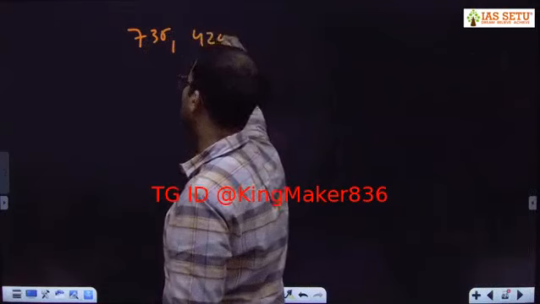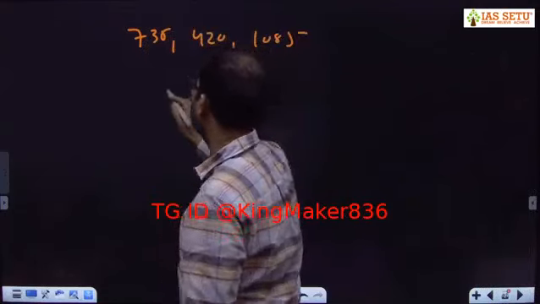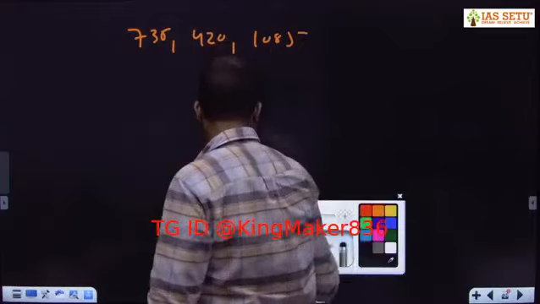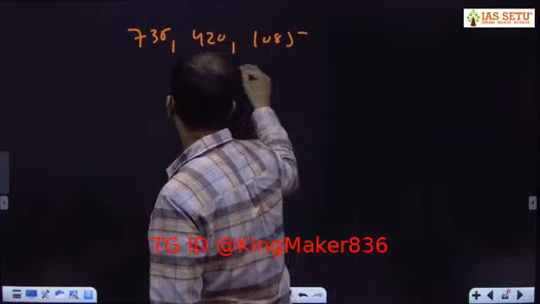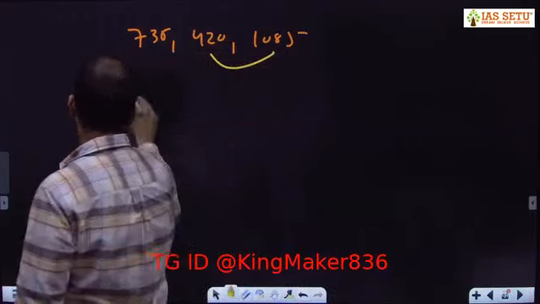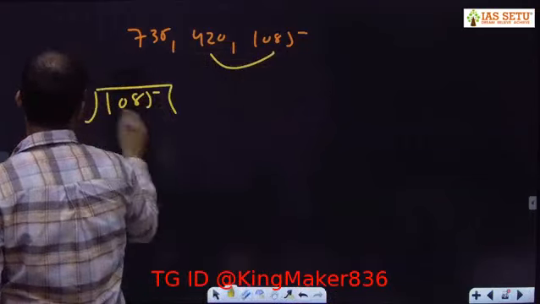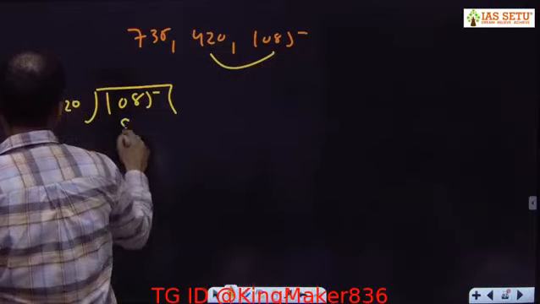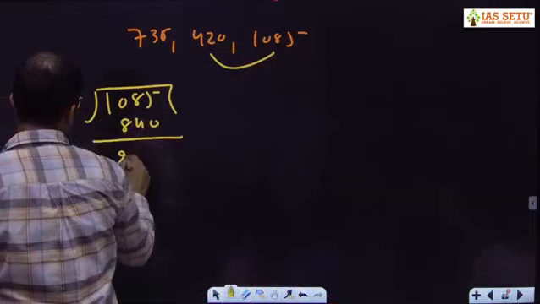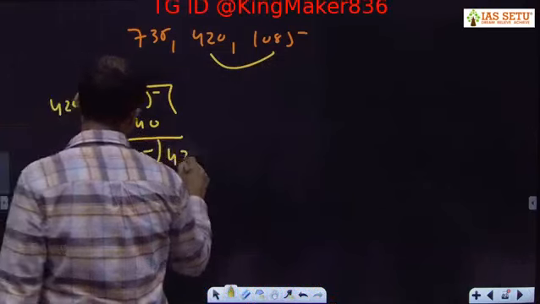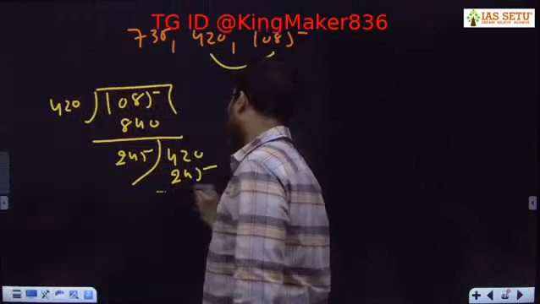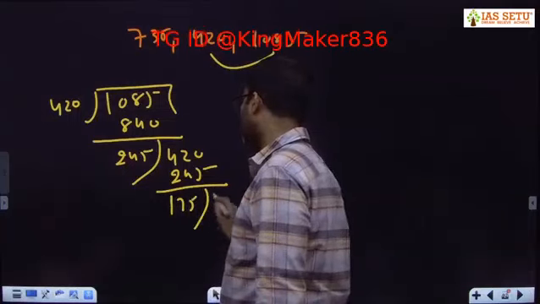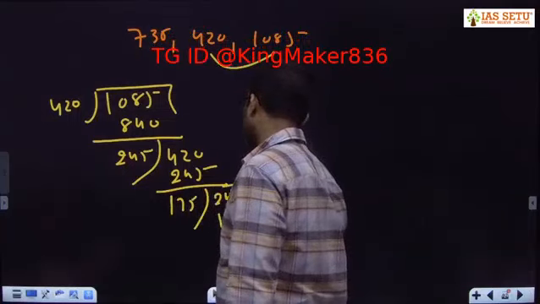Let me take the HCF of these 3 values: 735, 420, 1085. So you take any 2 numbers at a time. For example, I take these 2 numbers, 1085 divided by 420. 2 twos are 840, 245, 420, 245. Here you get 175, 245, 175.